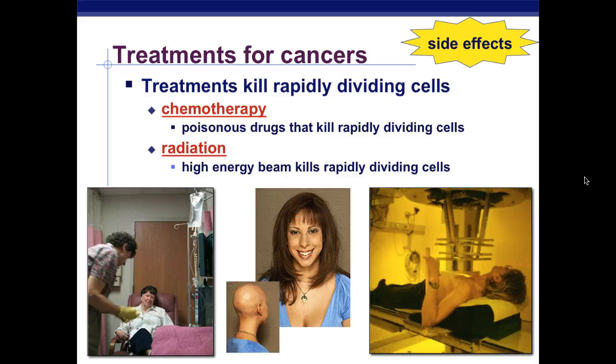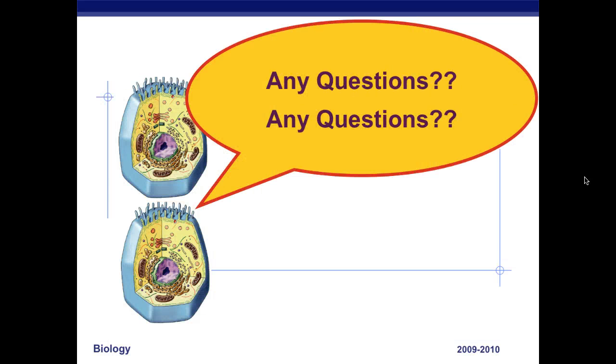That's why when people undergo chemotherapy and radiation, they will potentially lose their hair, because chemotherapy and radiation do not kill just cancerous cells, they're killing any dividing cells in your body. So they're just trying to get rid of the bad cells, but in the process may potentially get rid of the good hair as well. So that's one of the side effects.